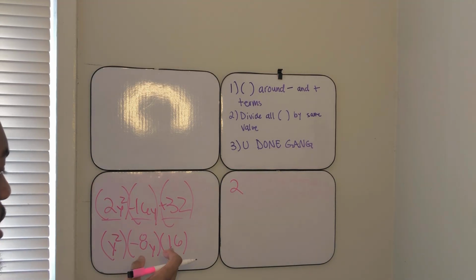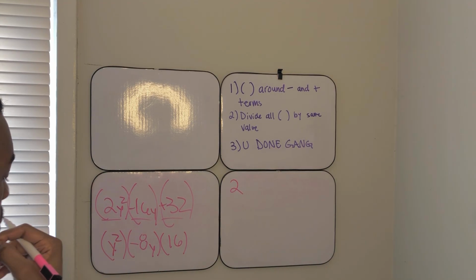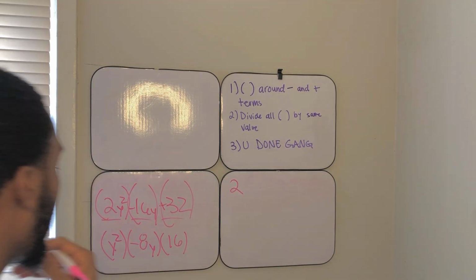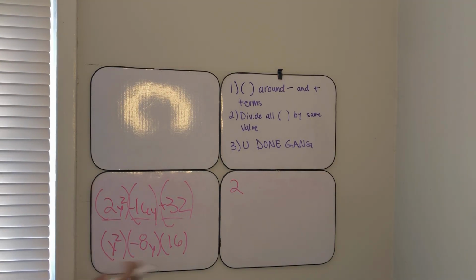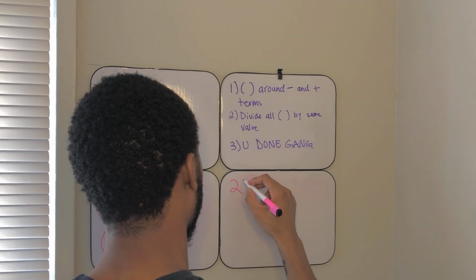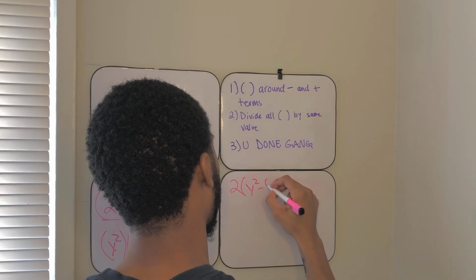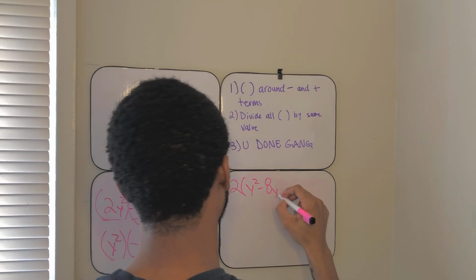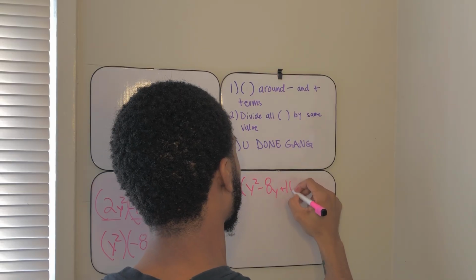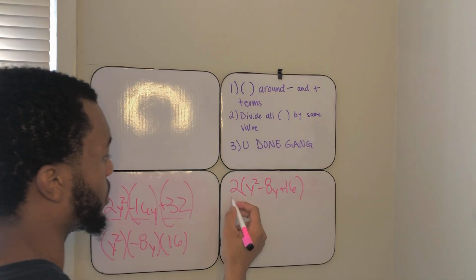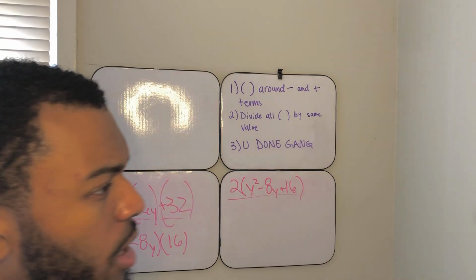No, we can't. I mean, this one ain't got no y variable, so I don't think we can take no y out of that. So I think, again, this is the final answer. So we got 2 times y squared minus 8y plus 16. And this is a factor right here.